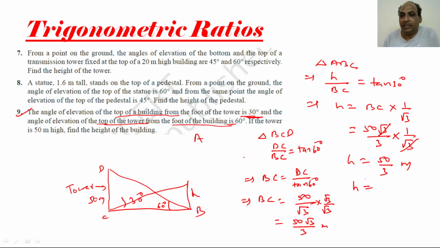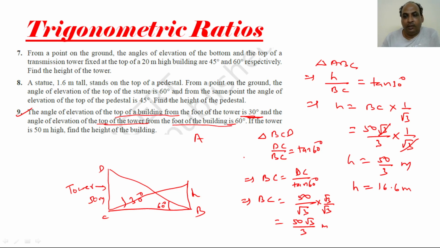So H is equal to 50 by 3 meter, that answer can be given, or we can go for making it decimal also, so 16.6 meter approximately. Right. So like this we have to solve.